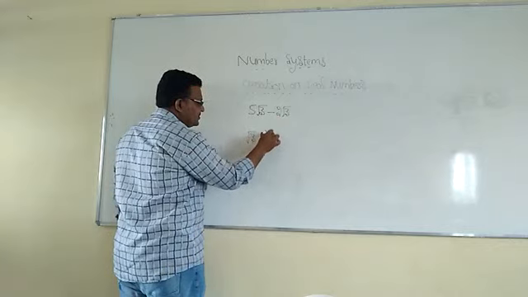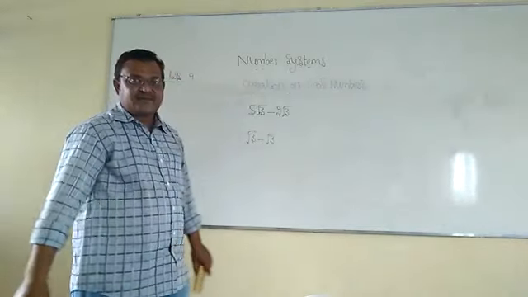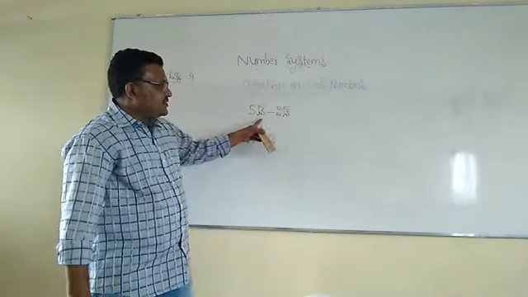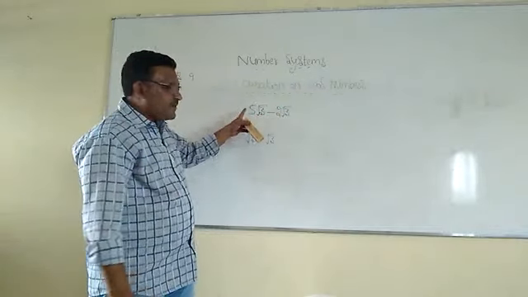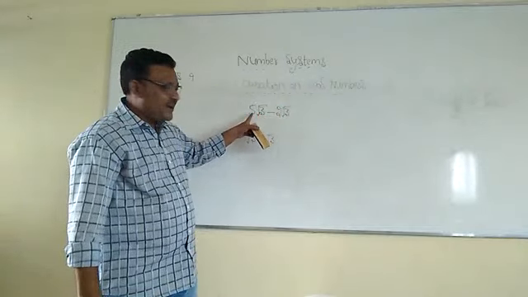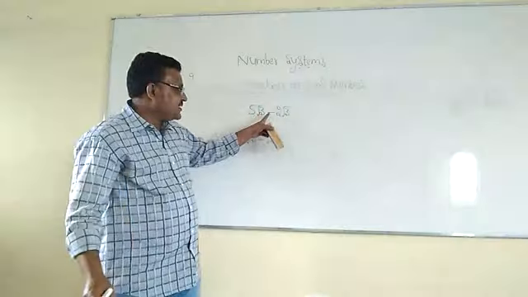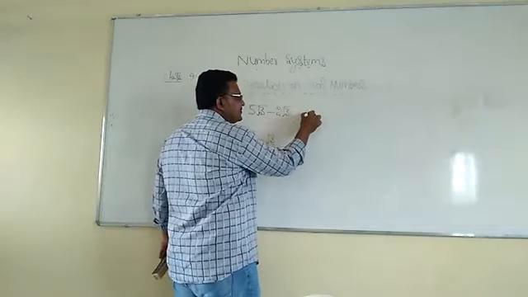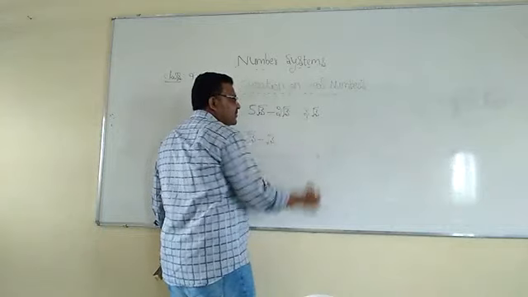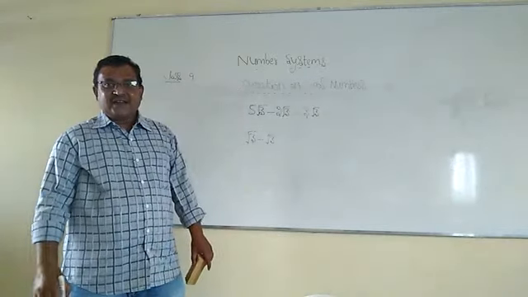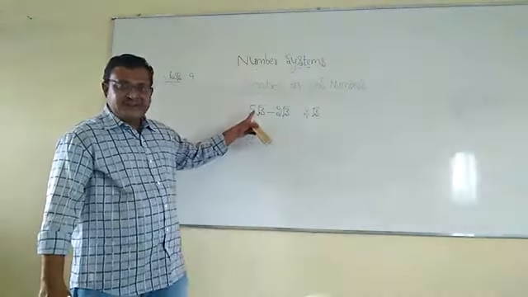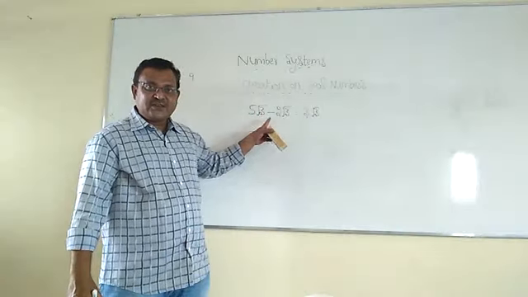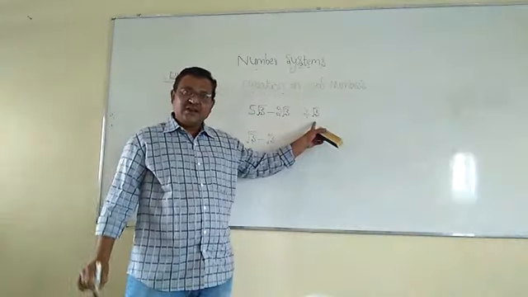So from 5 root 3s, subtract 2 root 3s. How many root 3s will we get? 3 root 3s. So 3 root 3 is an irrational number. 5 root 3 is irrational, 2 root 3 is irrational. Subtraction of two irrational numbers, I am getting irrational again.